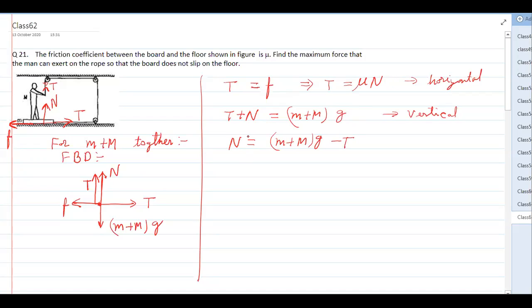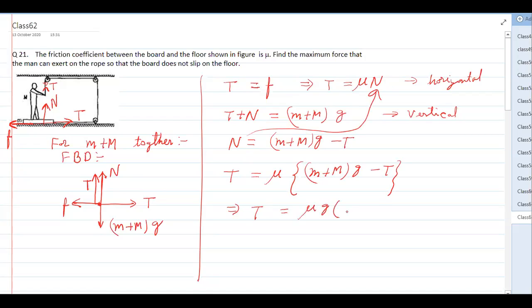So if you put this in this equation, we are going to have T equal to mu, and in place of normal, we will have small m plus capital M times g minus T. So if we solve, it will be T equal to mu g times m plus M, and then minus mu T. So T plus mu T equal to mu g times m plus M.